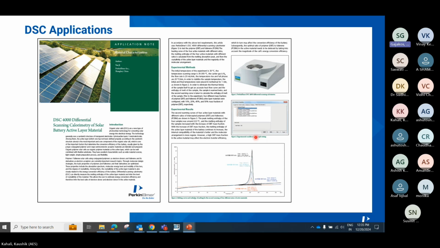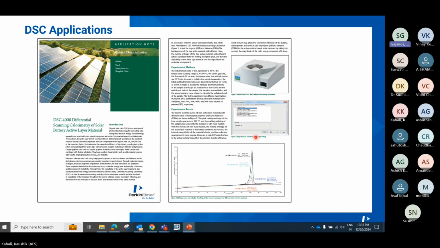Now, these solar cells are manufactured in many ways, and nowadays the organic solar cells or OSCs are a new type of photovoltaic technology for converting solar energy into electrical energy. In this technology, generally it uses a sandwich structure of transparent electrodes, photoactive layers, and metal electrodes. Among these, the active layer is the most important and core component of the organic cell.